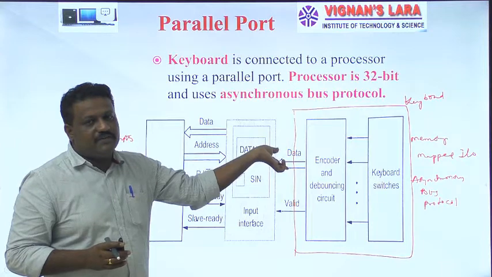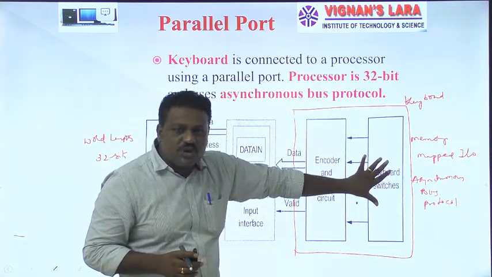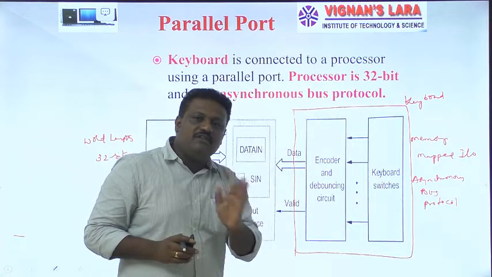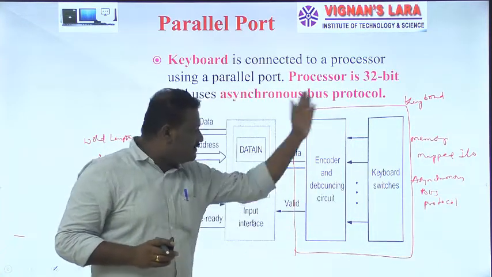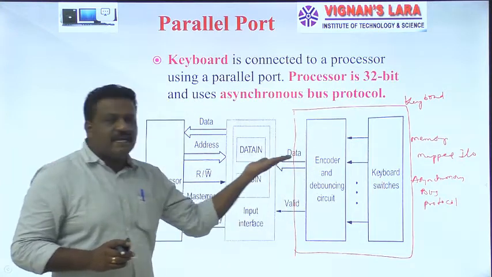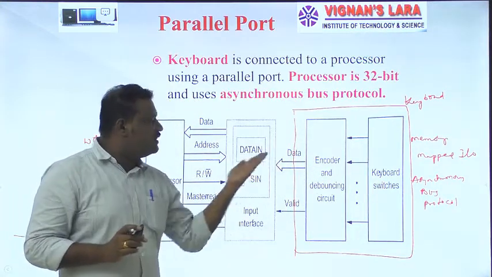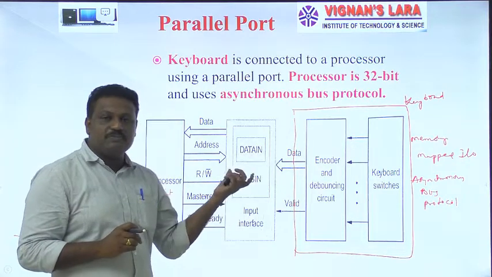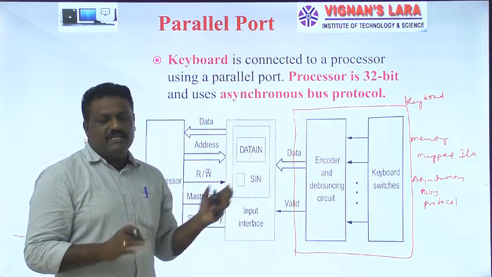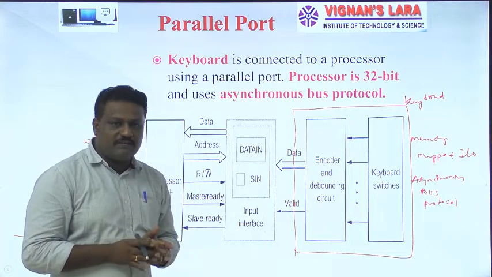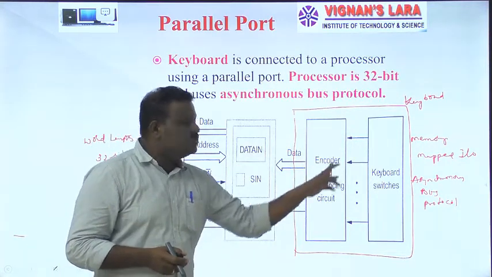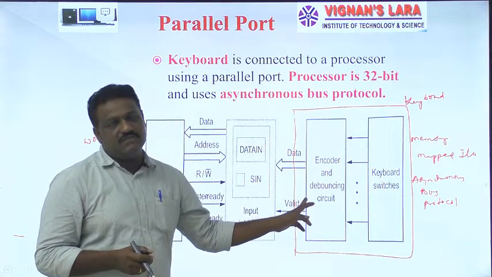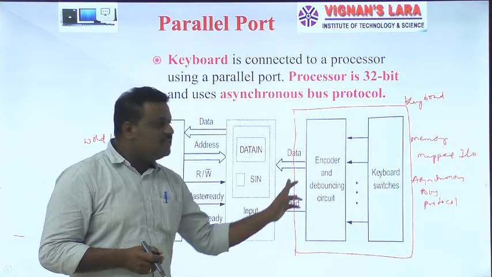So listen carefully, friends. Here I press some switch or key on my keyboard. It automatically generates certain signals, which are given to an encoder. Now the encoder generates an ASCII equivalent code for the pressed key, which is given to the data in input. But one more important thing is going on here, friends. It is not only an encoder, it is a combination of an encoder and a debouncing circuit. So what is the use of this debouncing circuit?